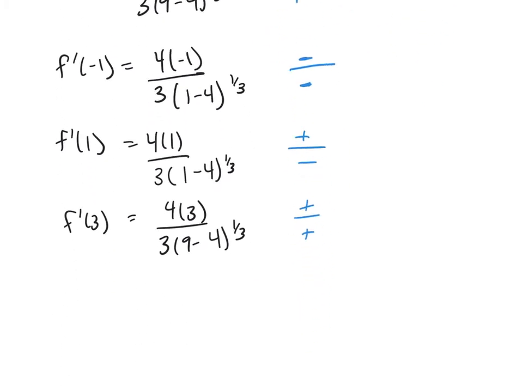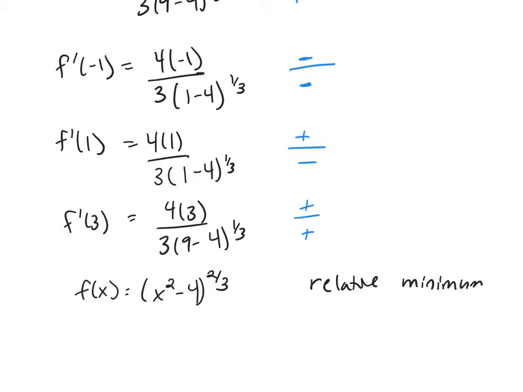If we go back to our original function, we can actually get a point here. If I plug in 2 or negative 2, my function would be 0. So we're going to have a relative minimum at the point negative 2, 0 and at the point 2, 0.